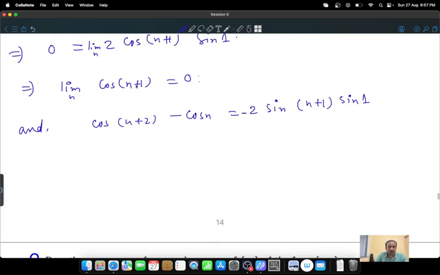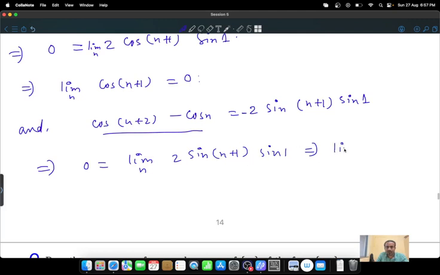This one converges, so the total thing also converges, so the limit of sin(n+1) times sin 1, I have just adjusted the negative. This implies, if you cancel out the terms, that sin(n+1) converges to 0. So you have got two things: cos(n+1) converges to 0, and sin(n+1) converges to 0.